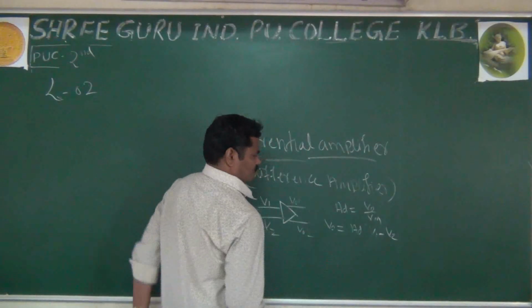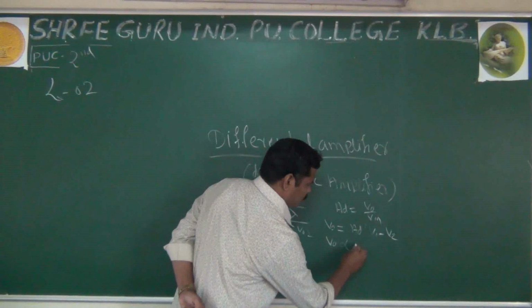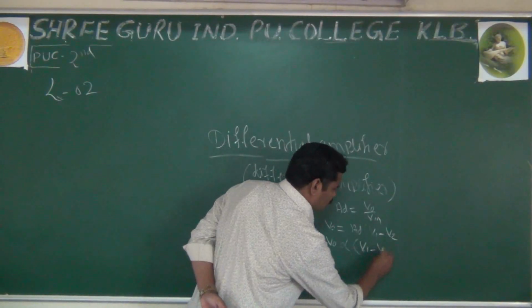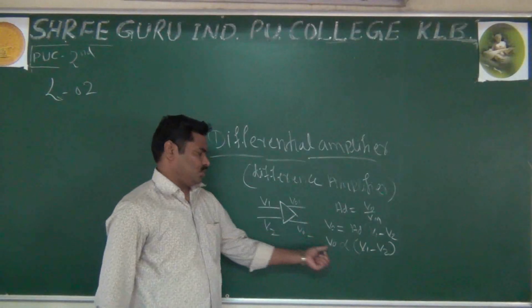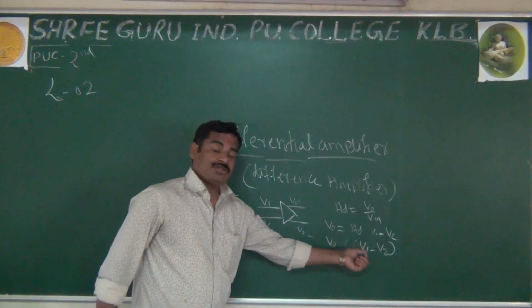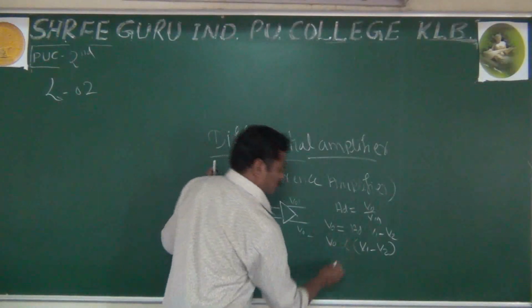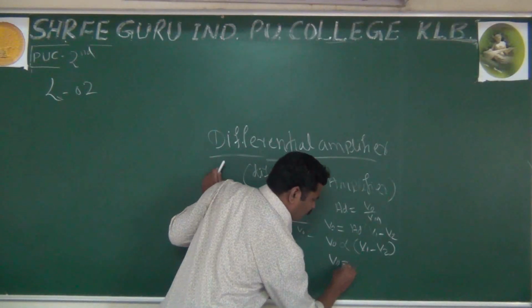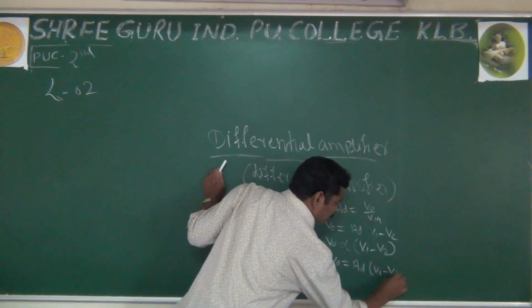Or you can write here V0 is directly proportional to V1 minus V2. You can write the output voltage is directly proportional to the difference of the two input voltages. Or you can write this proportion as V0 equal to AD into V1 minus V2.